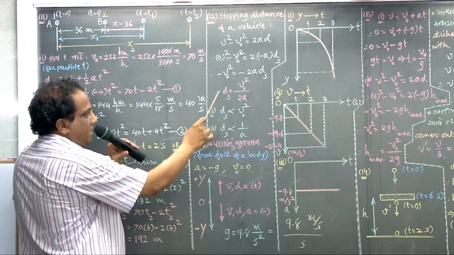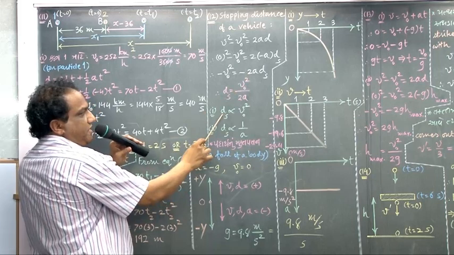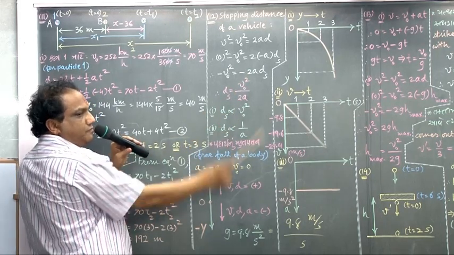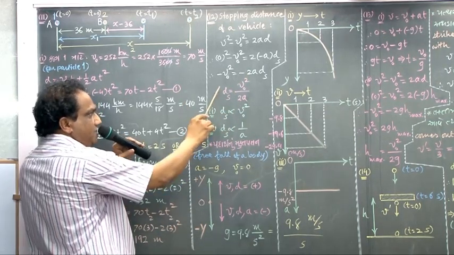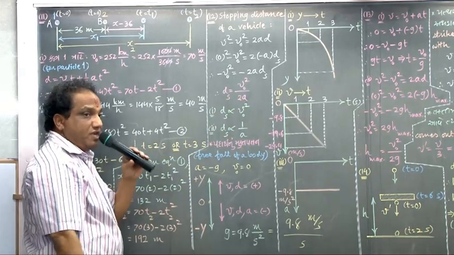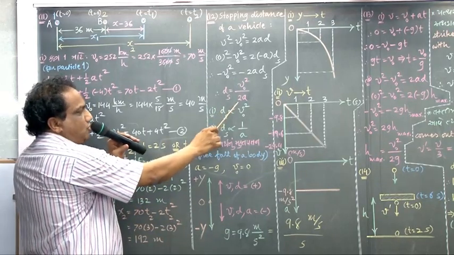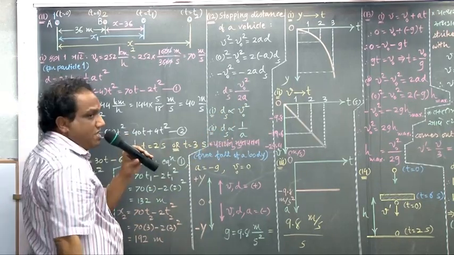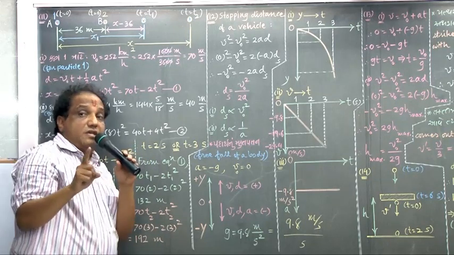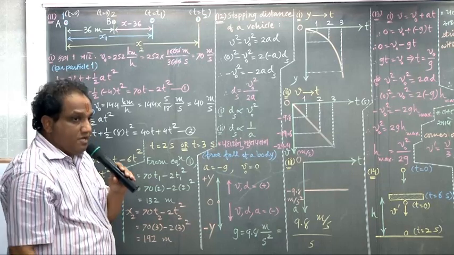Look, ds is directly proportional to V0 square, but at the same time it is inversely proportional to the magnitude of deceleration. When the stopping distance is directly proportional to the square of initial velocity, you must be aware of this fact while driving your vehicle.